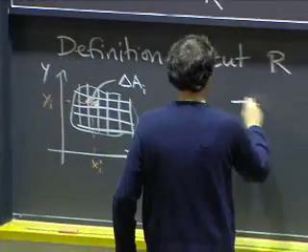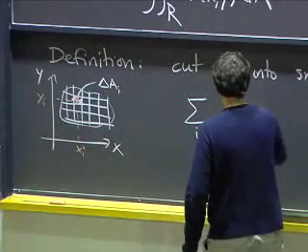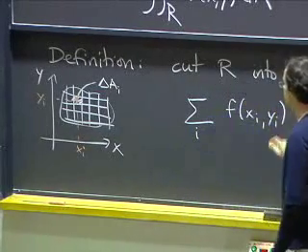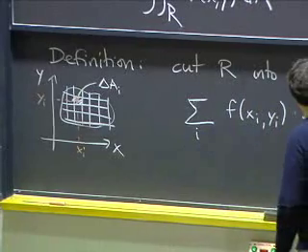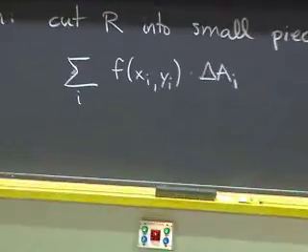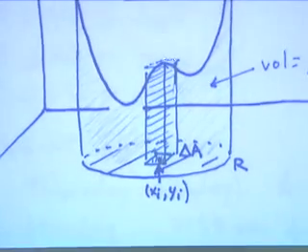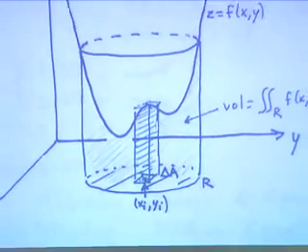Then we'll consider the sum over all the pieces of f at that point (x_i, y_i) times the area of a small piece. What that corresponds to in the three-dimensional picture is that I sum the volumes of all of these little columns that sit under the graph.